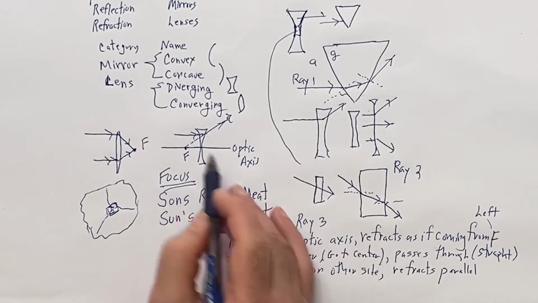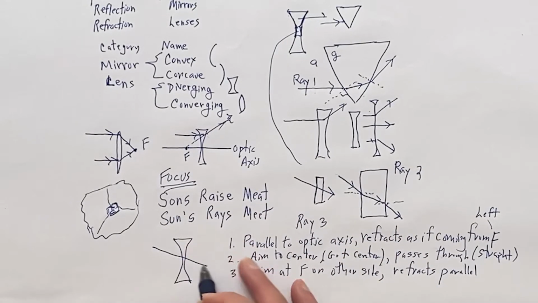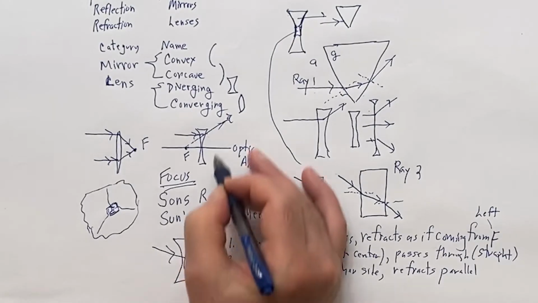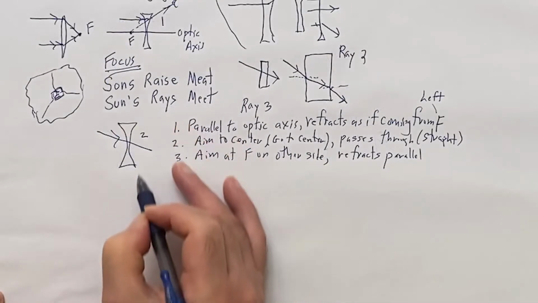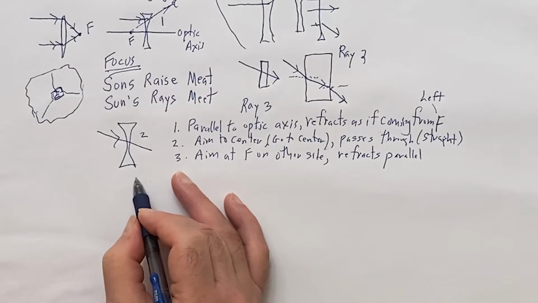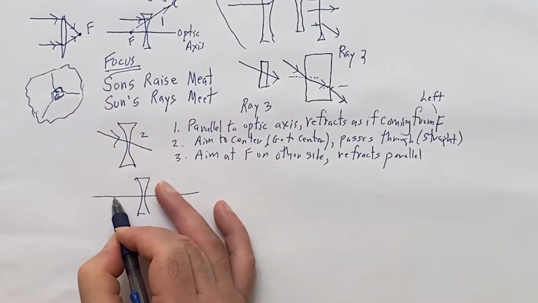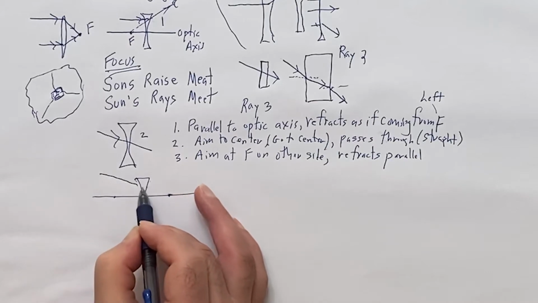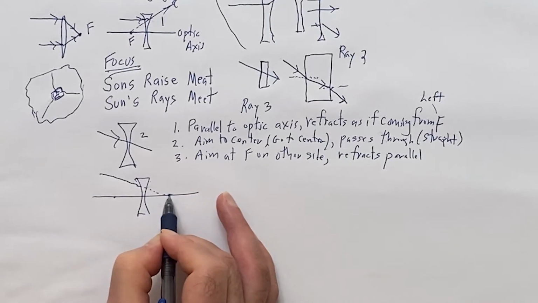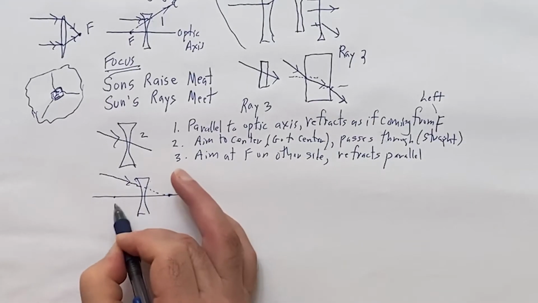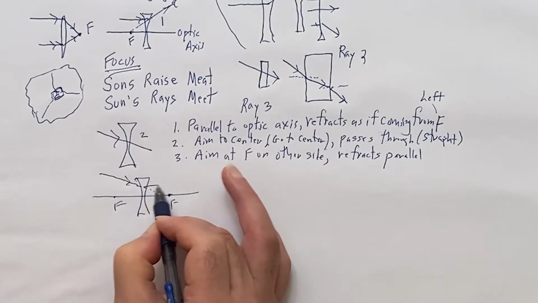If you go through the center, you go straight through. So that's ray 1, this is ray 2. And then ray 3, you're going to aim at the F on the other side, F and F, and then go out like this.